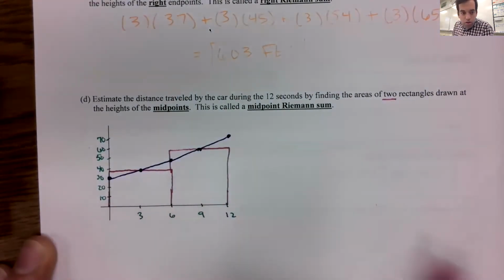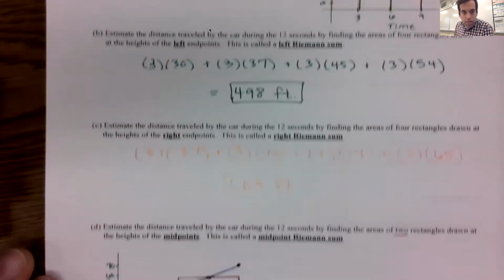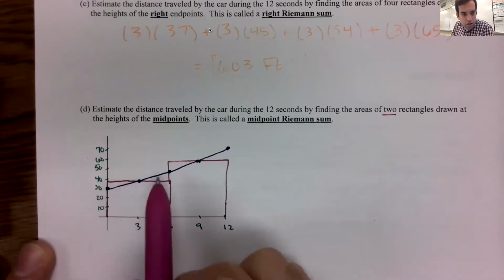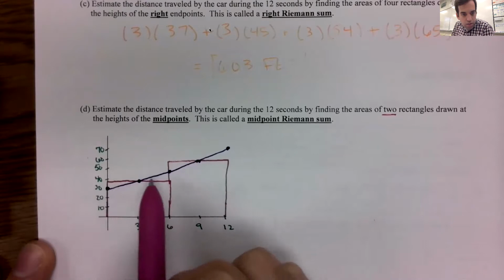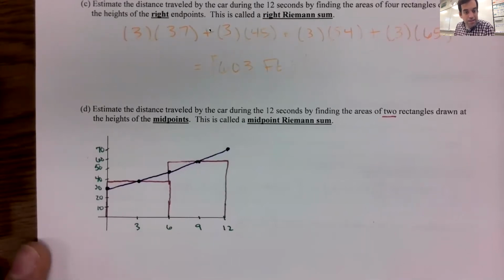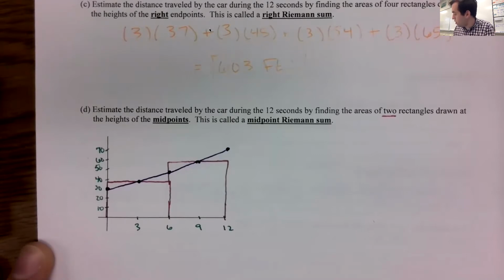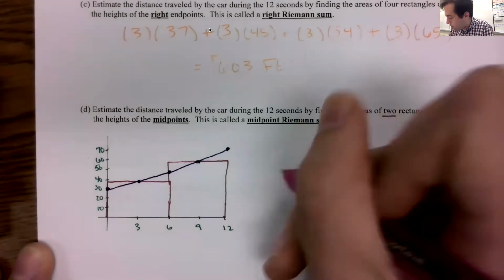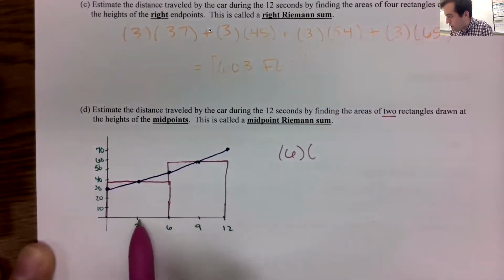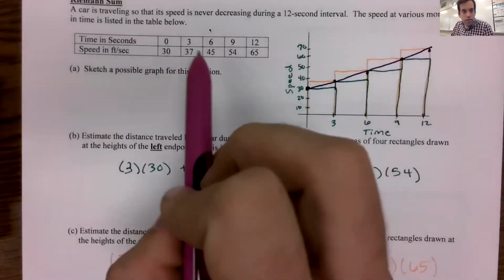And even though these bars are bigger than the ones that we did before, this might actually be the best approximation yet because you can see these triangle-looking regions are almost going to cancel each other out. Now this isn't a perfect sketch, but that is not bad. This is going to be pretty good, I think. So we only have to multiply 2 different rectangles this time. They have a width of 6. This first one has a height of whatever the y value was, which was 37.